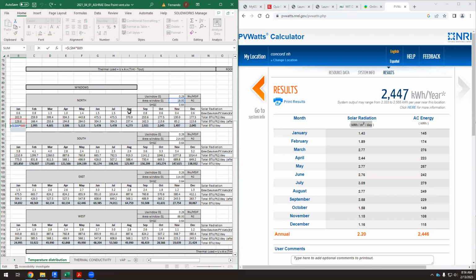And the last one is the solar radiation times the solar heat gain coefficient times the area of the window. So what we have in this final row is the solar radiation in BTUs times the area of the window times the solar heat gain coefficient. This is the energy that we get through the windows from the solar radiation.